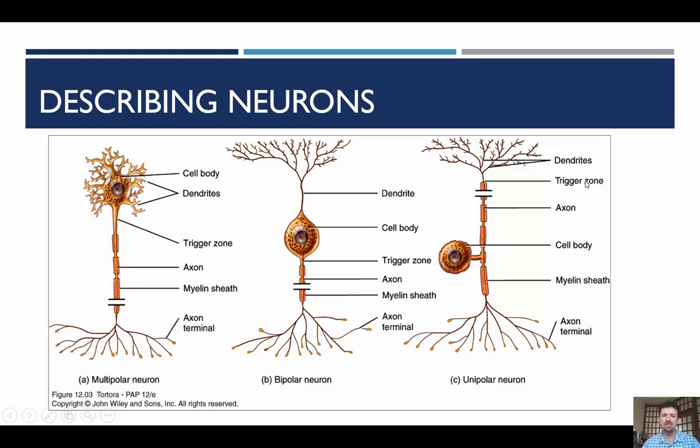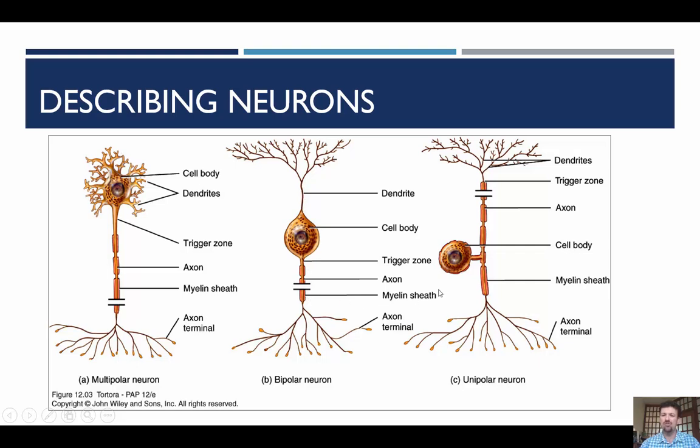Now, there are many ways of describing neurons, and the majority of neurons are what we call multipolar neurons. In this case, there are many poles as a result of the dendritic tree and the location of the cell body. But in a couple of instances, you have what are called bipolar neurons, where the cell body tends to be more towards the middle. And then you have a long dendrite breaking up into much smaller dendrites and the axons.